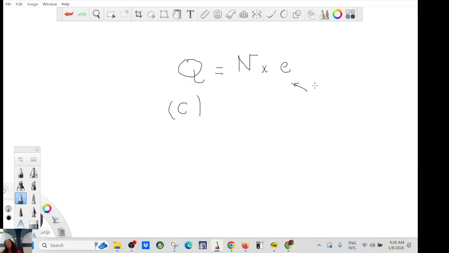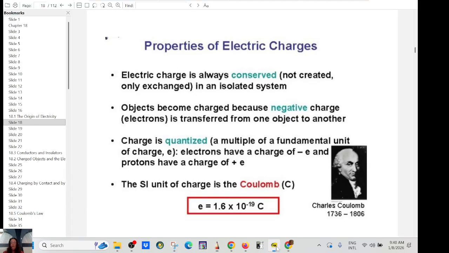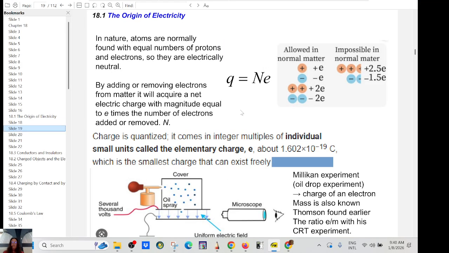And that will be the elementary charge, so 1.6 times 10 to the negative 19 Coulomb, which means you always have an integer number of electrons, lost or gained. So charge is quantized. Okay, so that will be the equation here. So you lose 2 electrons, you gain 1 electron, you gain 2 electrons, but you cannot gain 1.5 electrons. Got that? So let's take an example.